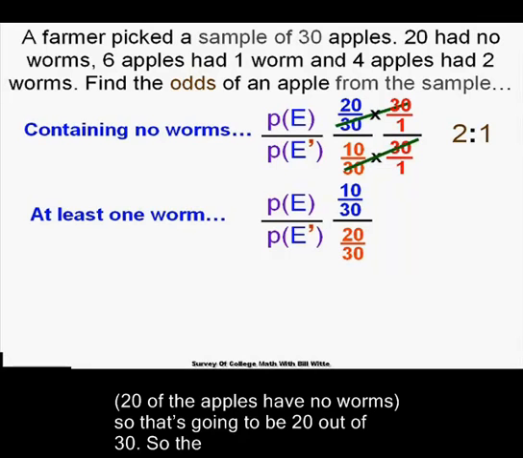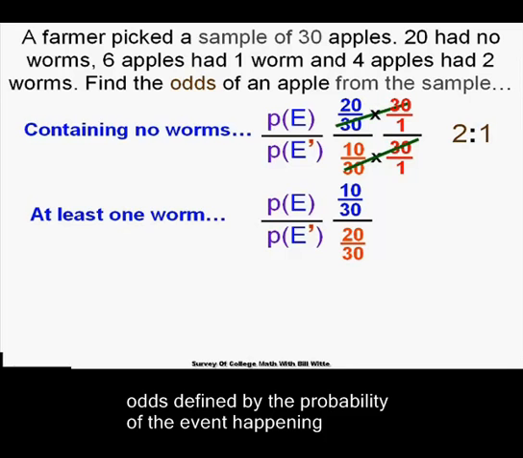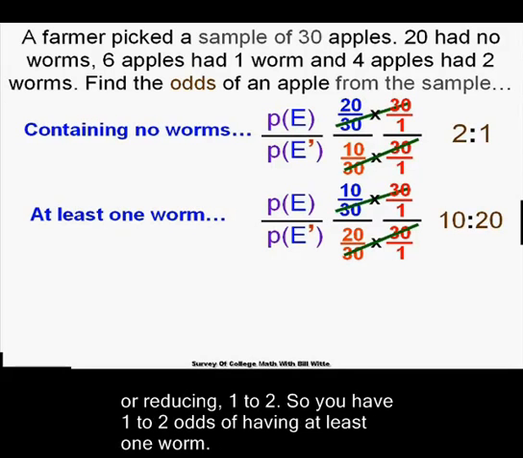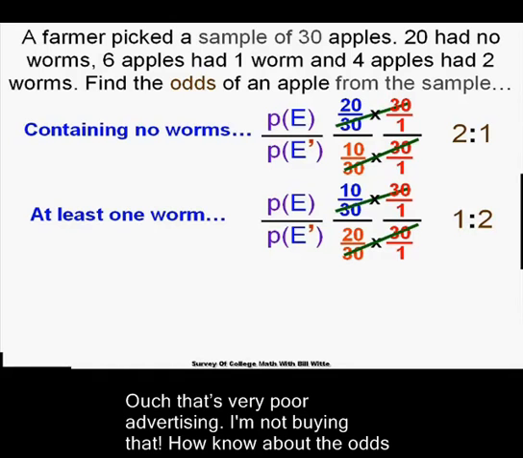So the odds, defined by the probability of the event happening over the probability of the event not happening, is going to come out to 10 to 20, or reducing, 1 to 2. So you have 1 to 2 odds of having at least one worm. Oh, that's very poor advertising. I'm not buying that.